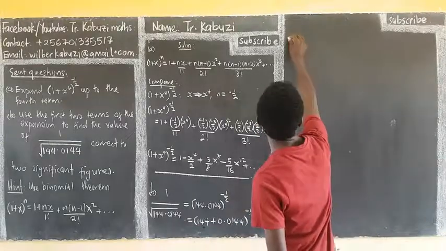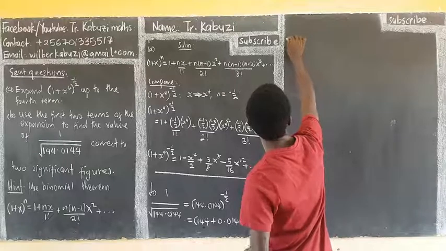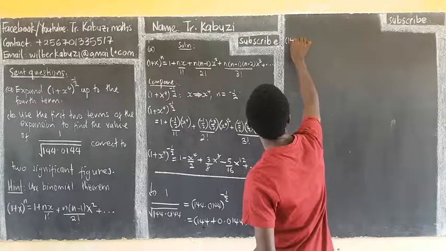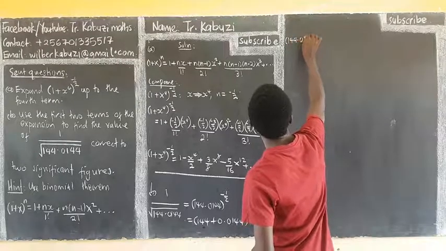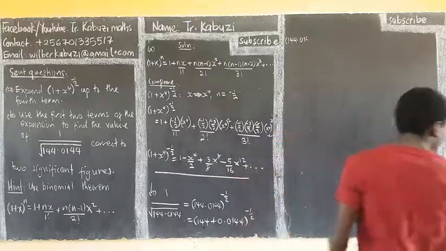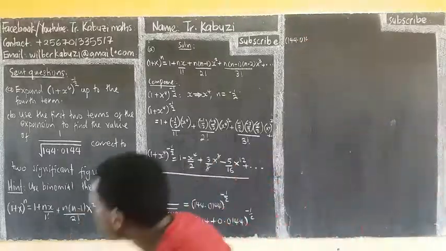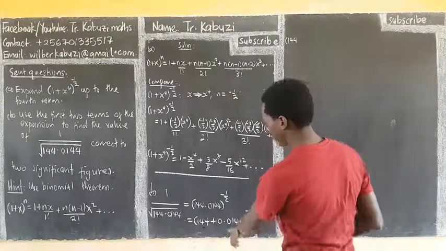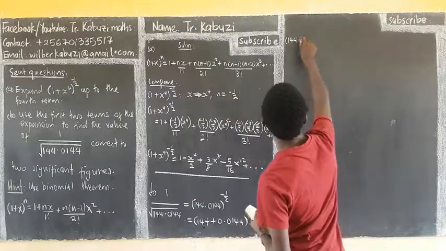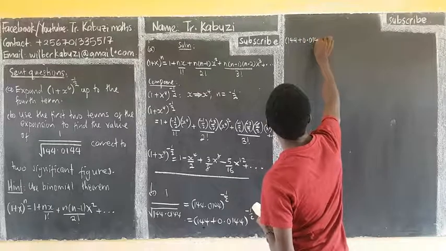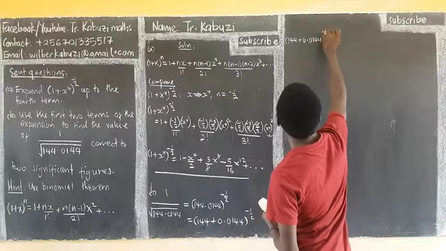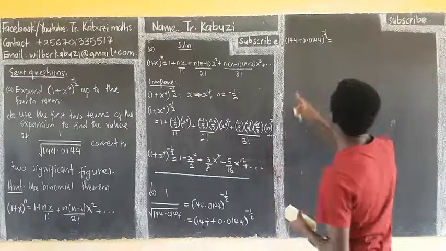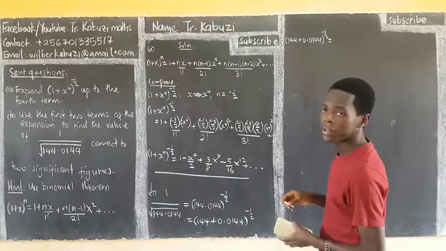So now, in my expression, 144.0144, plus... negative is the same as, now I'm going to factorize out this.